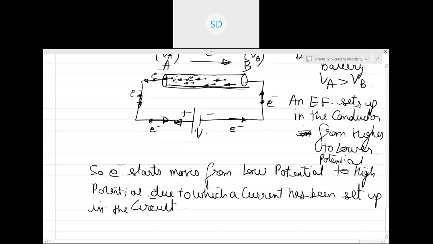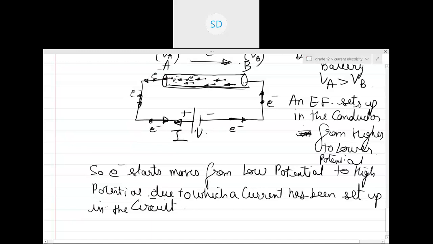So basically there was a guy who studied what is the relationship between this current which is set up and this potential difference which has been created. And what was the name of that guy? Ohm. Ohm bhaiya. Ohm's, right? Ohm bhaiya, our Ohm bhaiya.